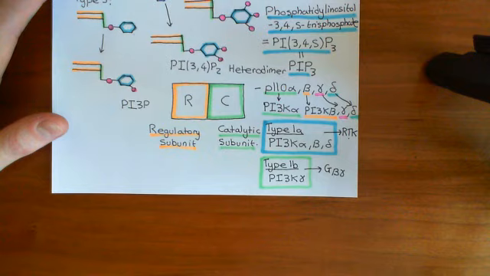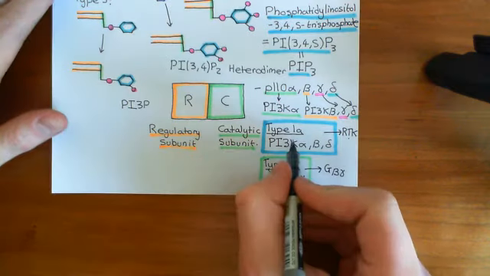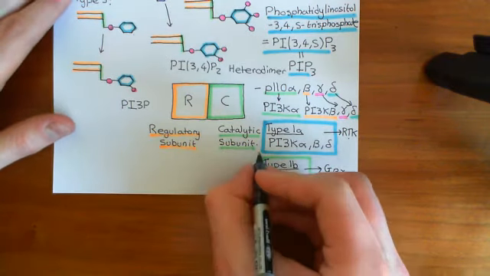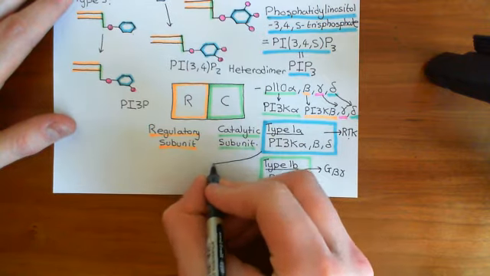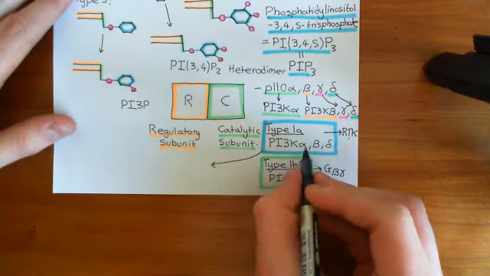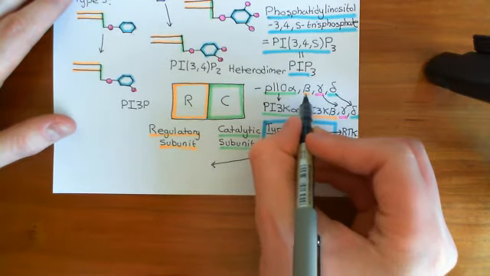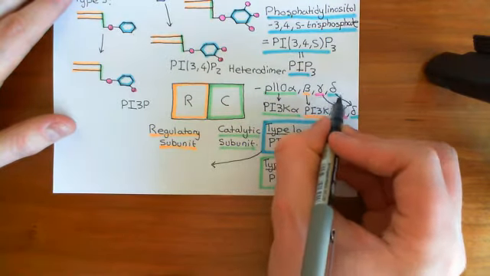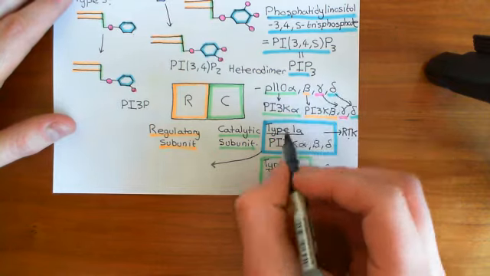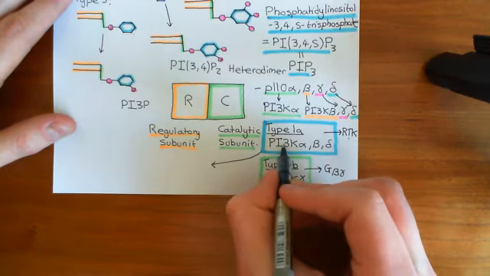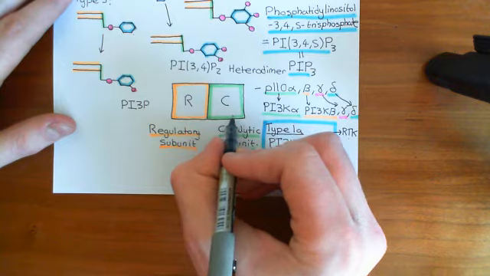So let's begin with the regulatory subunits of the type 1A PI3 kinase enzymes. If you are a type 1A PI3 kinase enzyme, I'll remind you that means that your catalytic subunit is either P110 alpha, P110 beta, or P110 delta. And remember, the enzyme is named purely on the basis of its catalytic subunit.